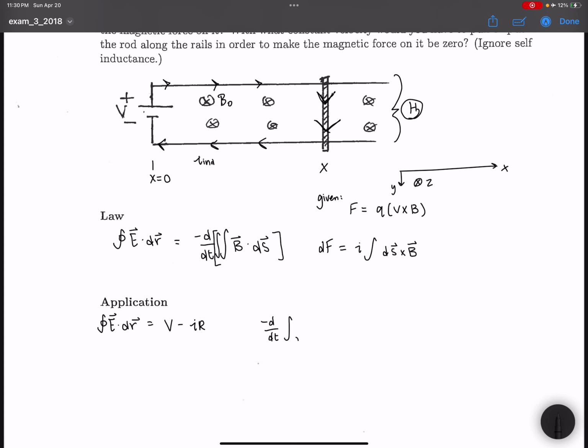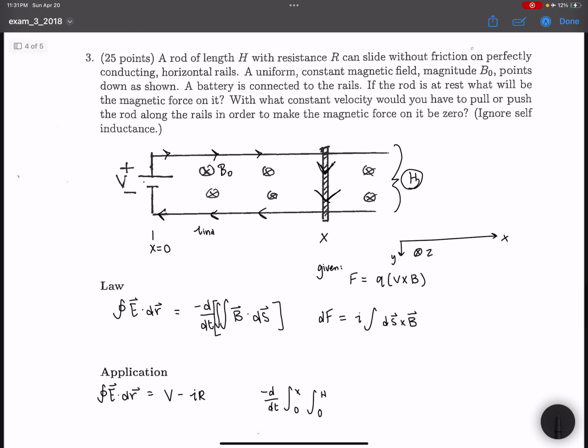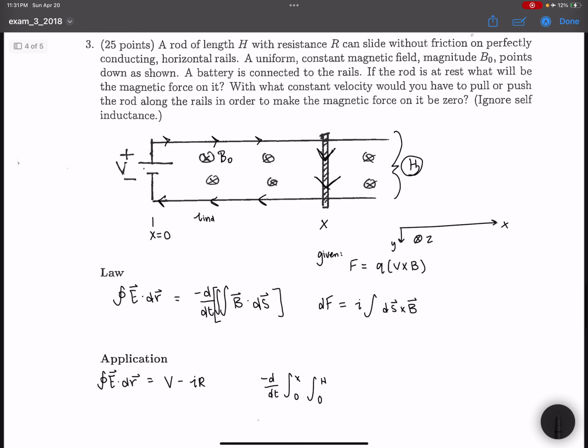So from 0 to x, and then 0 to h, would you say that's fair? I think so. Of this B naught, which is just B naught. Right, of course. It's just B naught.